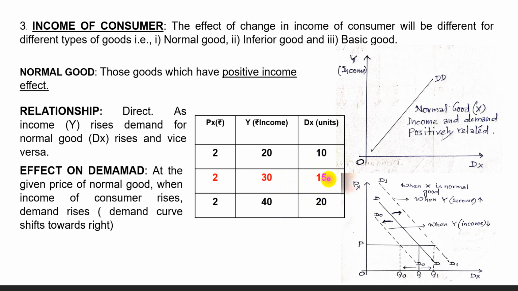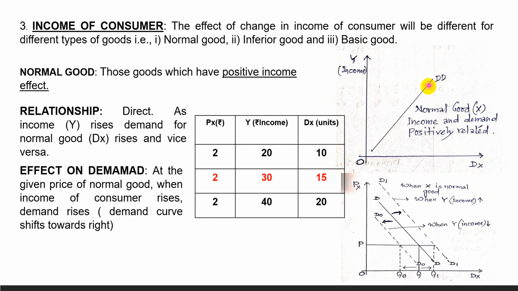So this increase in demand results in rightward shift of demand curve, and decrease in demand results in leftward shift of the demand curve. And this relationship, when you represent income on the y-axis and demand for the normal good on the x-axis, gives us an upward sloping curve representing that the income of consumer and the demand for normal good are directly related.